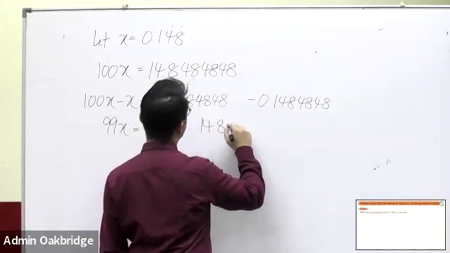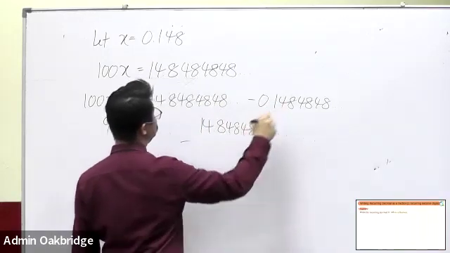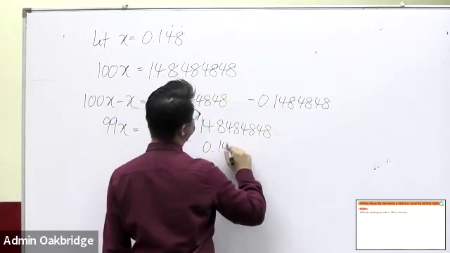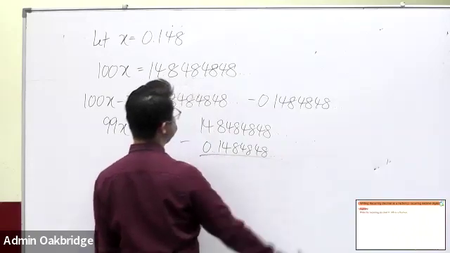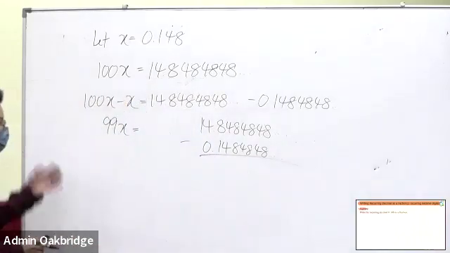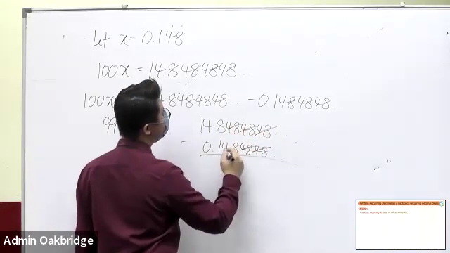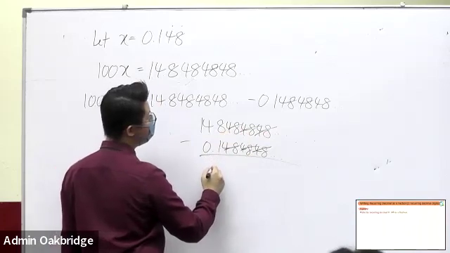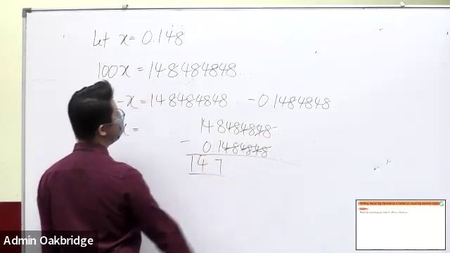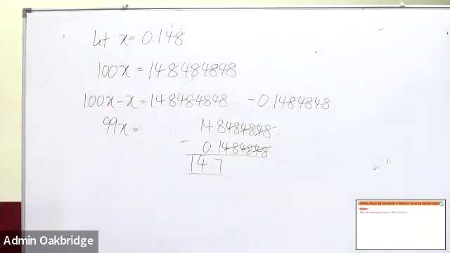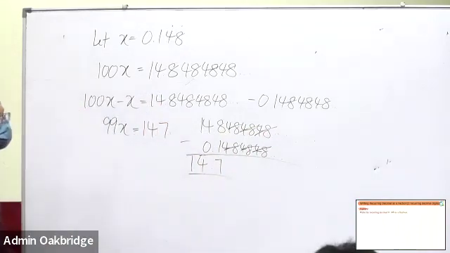We take 14.8, 48, 48, 48, minus 0.148, 48, 48. So what do you observe? Again, 48 cancels out. So 8 minus 1 is 7 here, and 14 minus 0 is 14. So now you know here is 14.7.